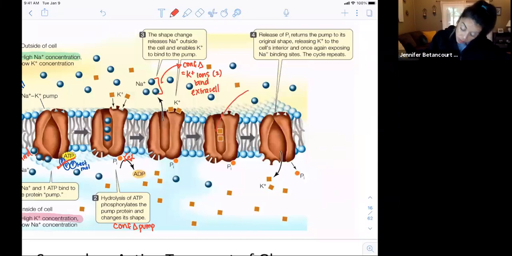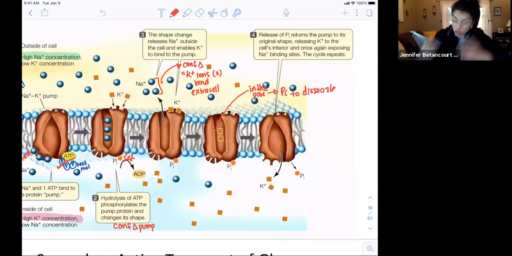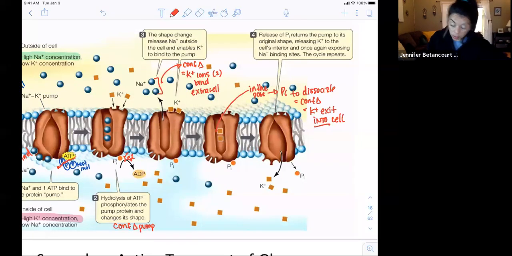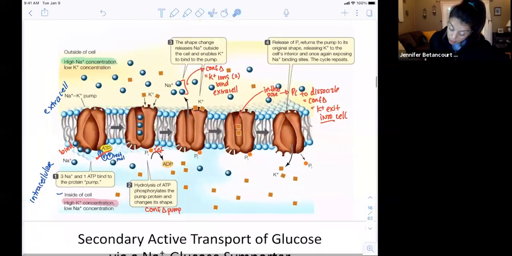We'll say that the potassium ions in the pore cause the phosphate to dissociate. At the same-ish time, this causes another conformational change so that the potassium ions can exit into the cell.